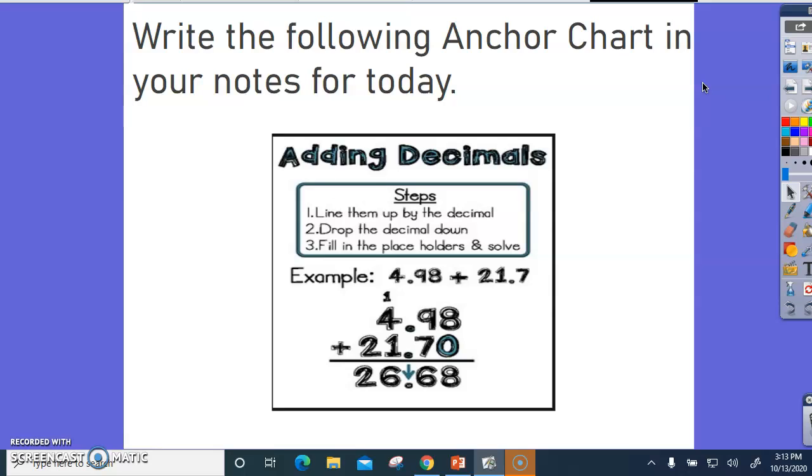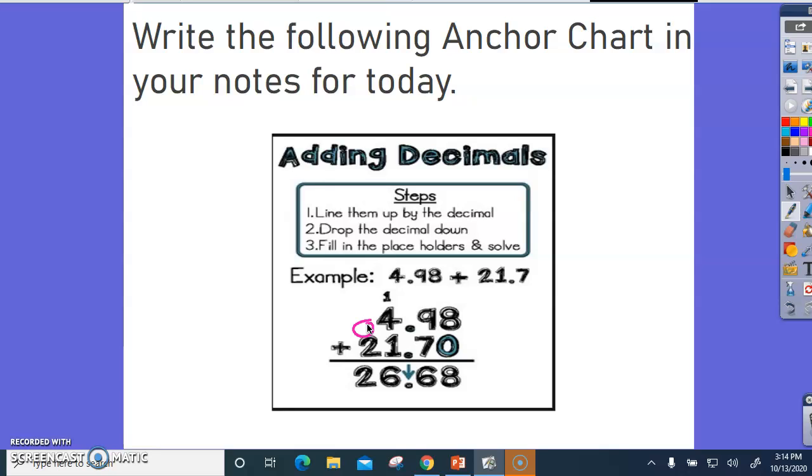One thing this part is missing is that inside of the equation, the placeholder is actually a 0. On step 3, it says fill in the placeholders and solve. I want you to add in a 0 right there above the 2, as your placeholder, right next to the 4 in the ones place.